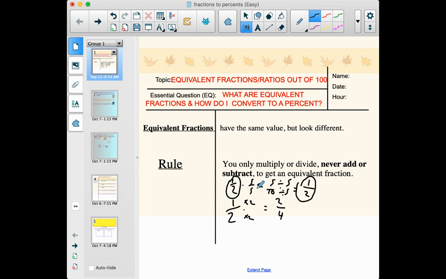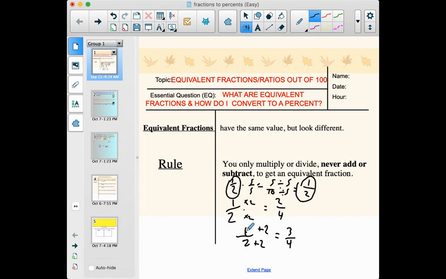Okay, so we multiplied, we divided. In each case, we did the same to the top and bottom. One of the mistakes that people make is they sometimes try to get a denominator to be what they want it to be by adding. So let's say I had 1/2, and you want to get the denominator to a 4 instead of a 2. If you try to add 2 to the top and bottom, 1 plus 2 is 3, 2 plus 2 is 4.